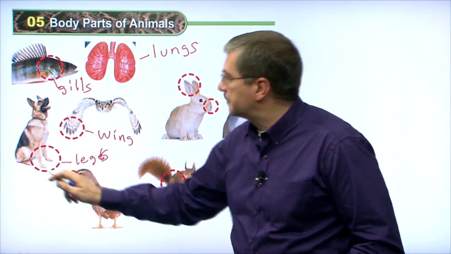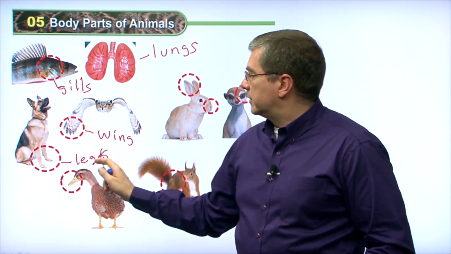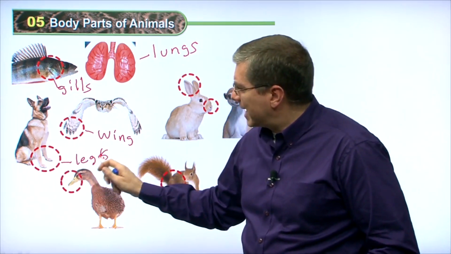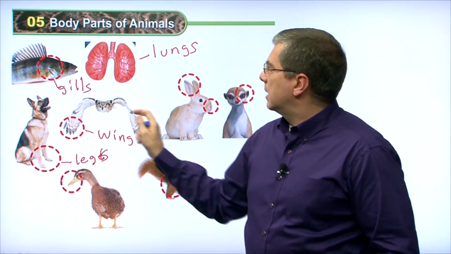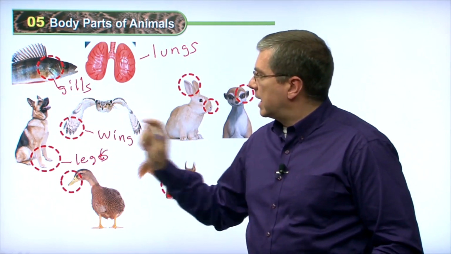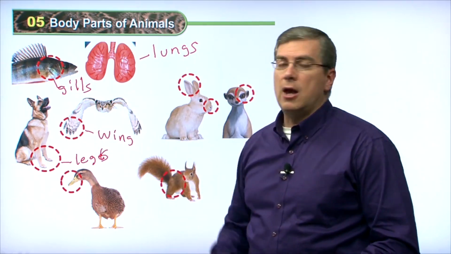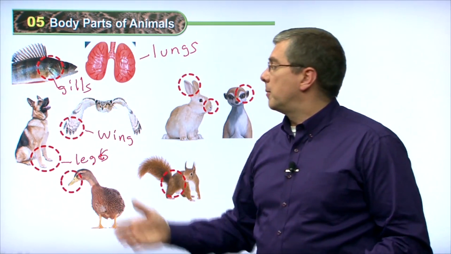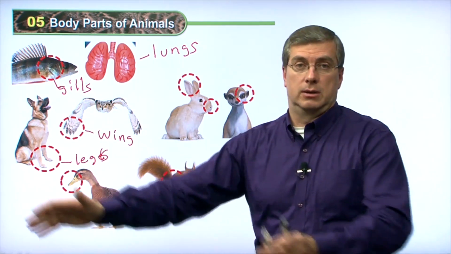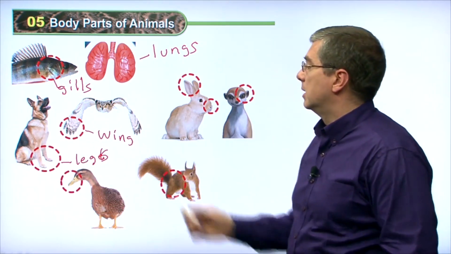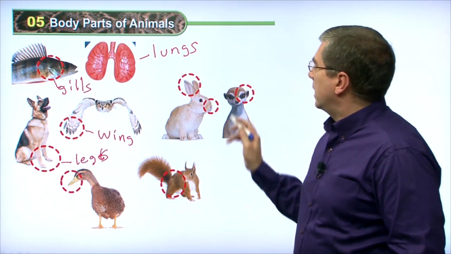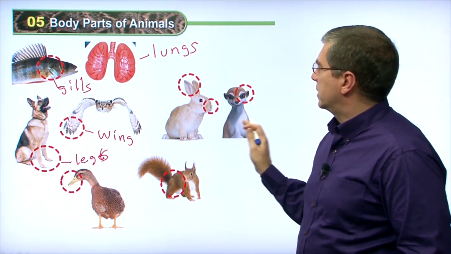Actually, it's 4 legs, right? But the circle is around 2, so we say legs. I'm sorry about that. That's supposed to be an S. Okay, but wings and legs. So what do the legs and wings help a bird to do? These help these animals move around, okay? So, wings and legs.